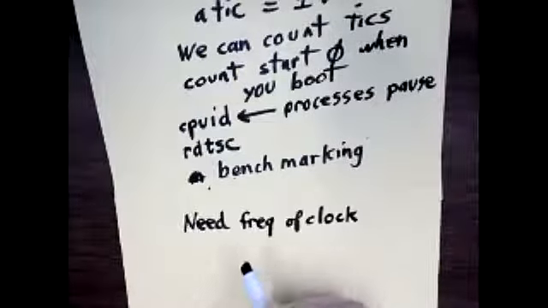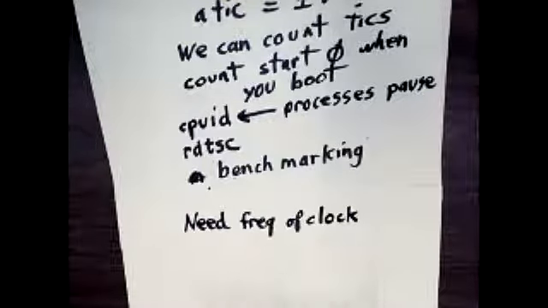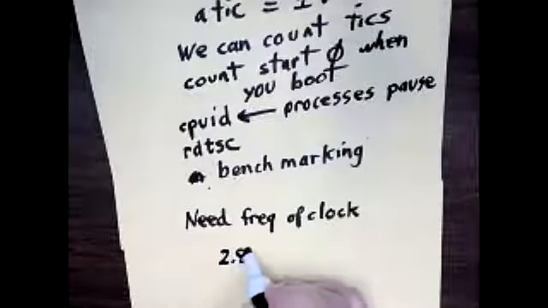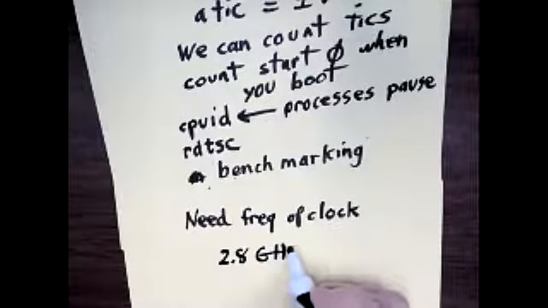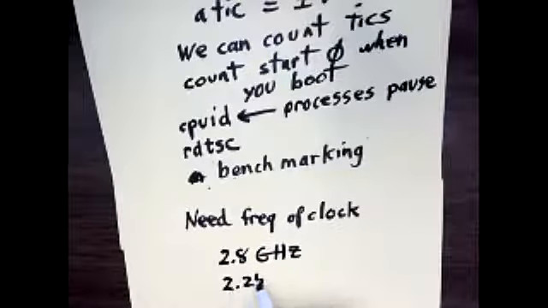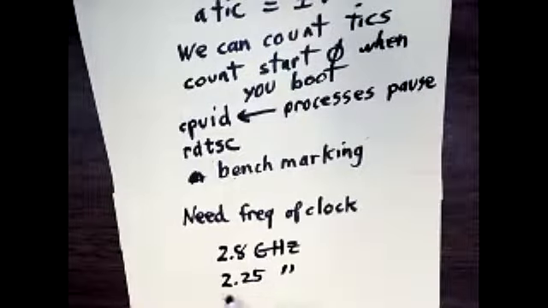These are public numbers. You can read the specification about your own computer. When you buy your laptop, it'll be in a box, and there are some system performance numbers on the outside, and it will tell you your clock is running at 2.8 gigahertz or 2.25 gigahertz and different stuff.